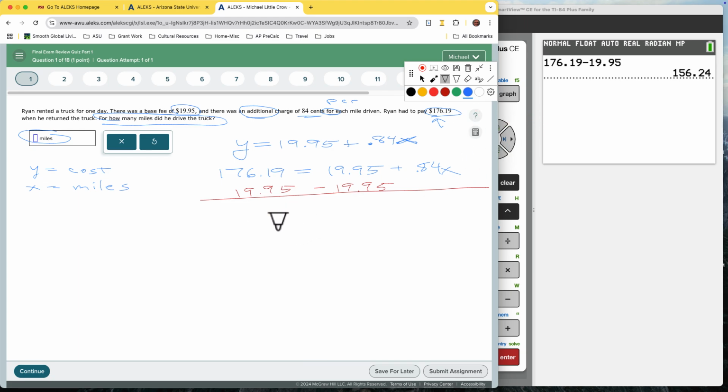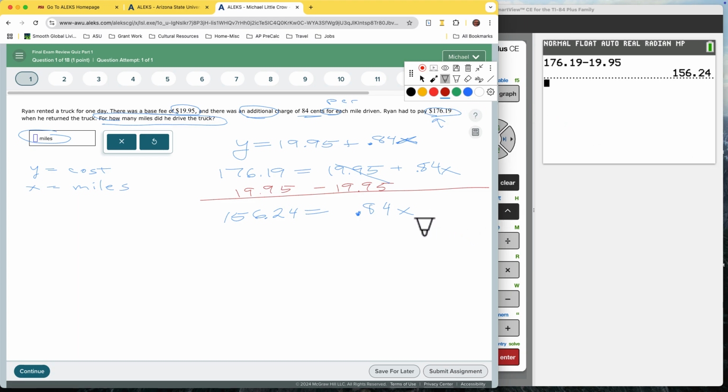That does help us focus on the problem solving part, not have to worry too much. Now this part we don't have to put in our calculator, that's just going to be 0. So 0 plus 0.84x, when we're adding 0, nothing's going to happen, that's the identity.